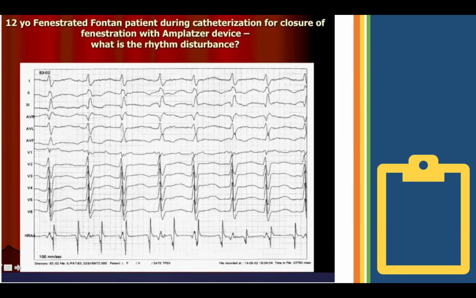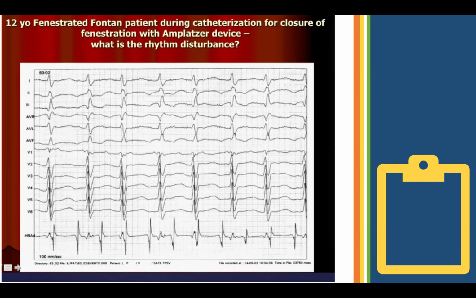So one needs to be careful in terms of wire positioning, and also remember that in order to deliver a device, we have to deliver a fairly sizable sheath through the fenestration that also could bump into things that you don't want to be touching. And so it's also possible that the device itself is touching something on the other side of the fenestration. That would be unusual, but not hard to imagine, at least.